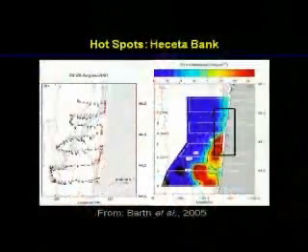We have some theories about why this might be so. At certain times of the year, the Columbia River provides nutrients to the coastal ocean that could help generate blooms and potentially toxic blooms. And on the next slide, I'll talk a little bit about this Heceta Bank region and what might make it a site of toxin accumulation.